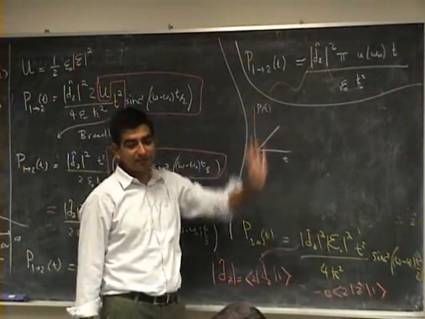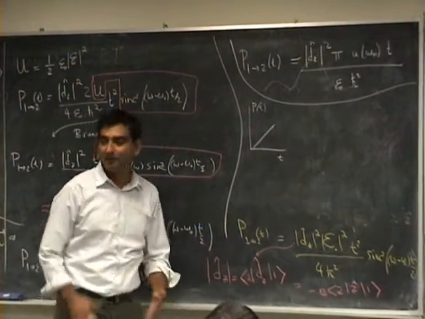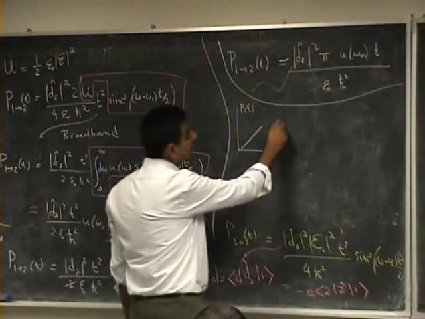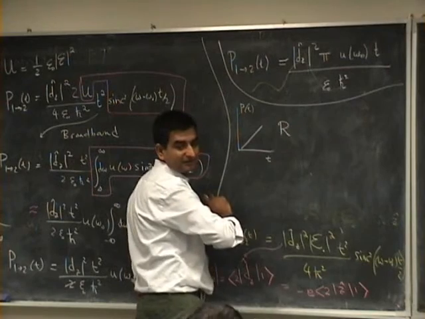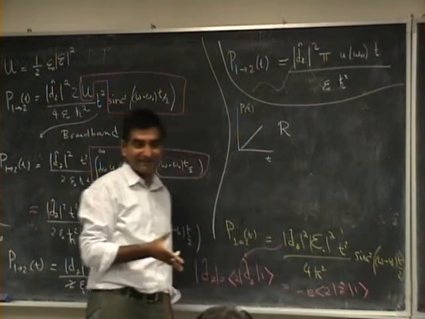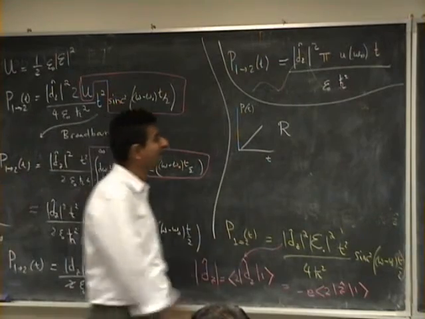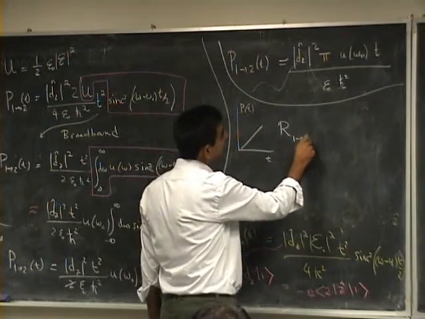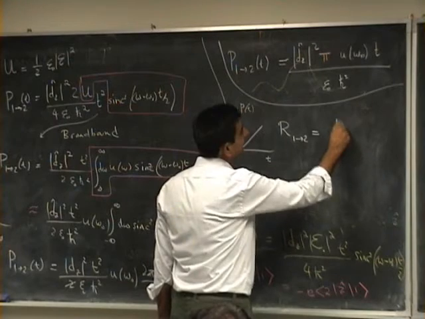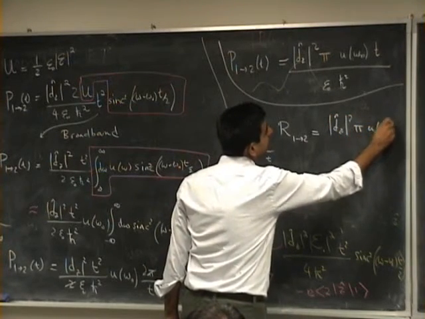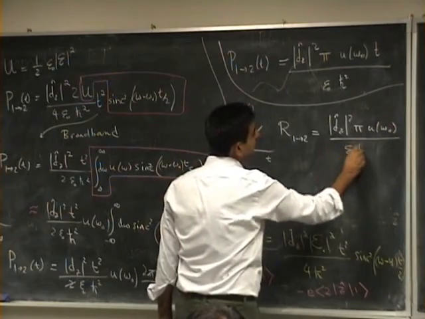Probability of making a transition in the presence of broadband light source from 1 to 2. Now if I would like to find out the rate at which transitions are made from 1 to 2, you're shining light, you want to find the transitions per unit time. This will just be the derivative of this. So this rate of going from 1 to 2 equals dz modulus squared by u omega naught, u at omega naught, epsilon naught h bar squared.